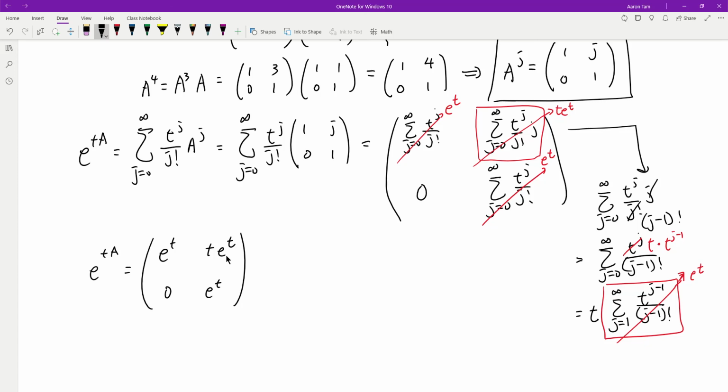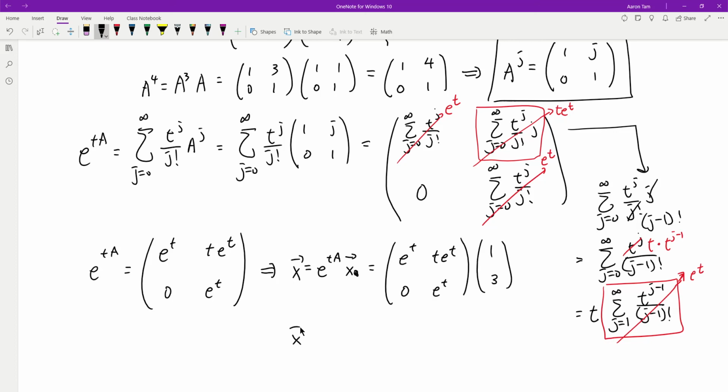So now I can put in my answer. My answer would be this. Vector x will equal e to the tA times vector x sub 0. And in this case, our vector x sub 0 is 1, 3. So we have e to the t, e to the t, 0, e to the t, multiplied by 1, 3.